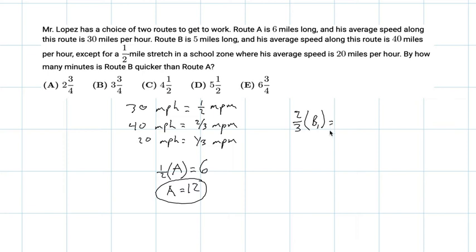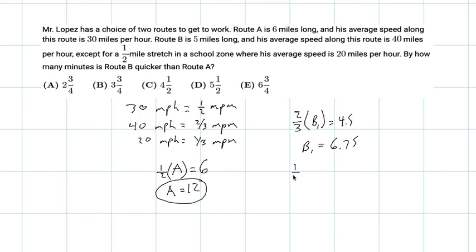Since it's a half-mile stretch, you're doing 4.5 miles for that 40 mile per hour period. So B1, you multiply both sides by 3/2. This is going to be equal to 6.75 if you do out that math.